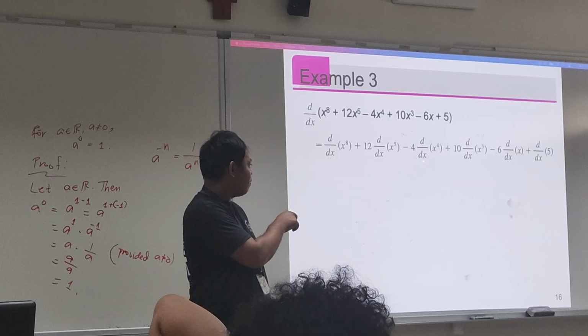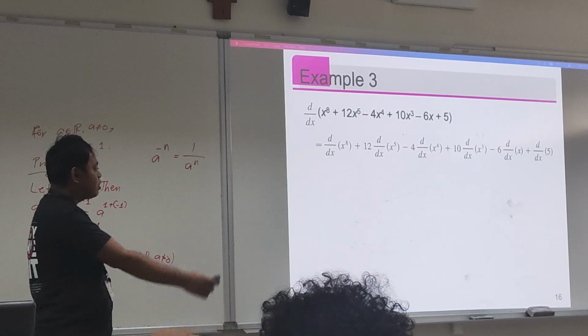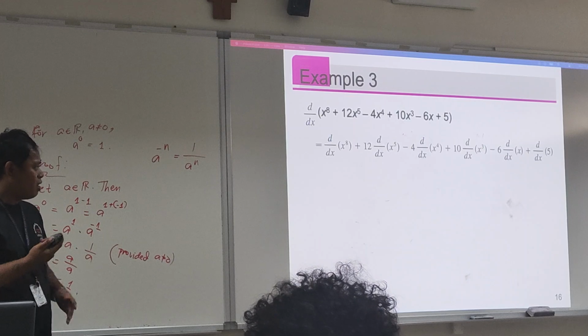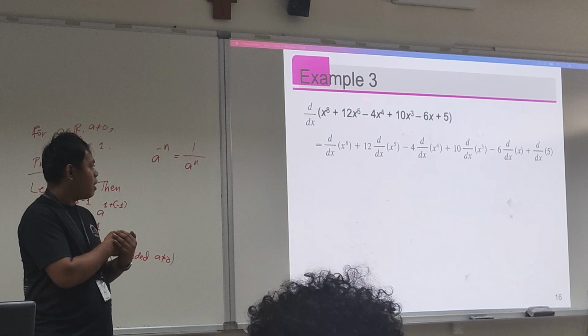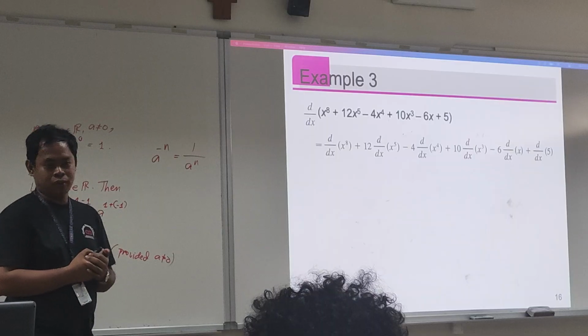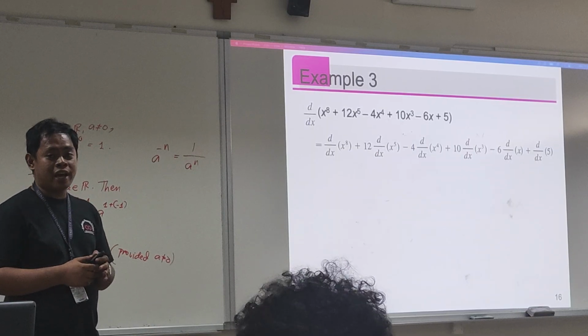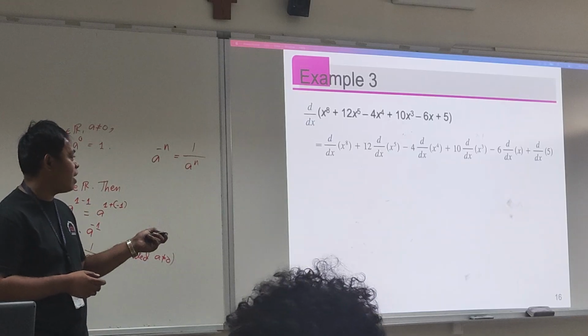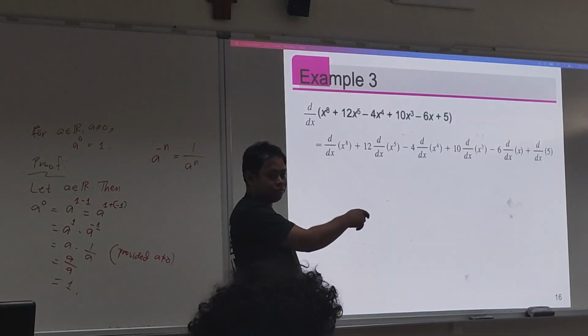Next for this one is just negative 4 times the derivative of this now. So we use the sum rule and the difference rule as well as the constant multiple rule. And then you need to use the power rule, and the derivative of a constant.